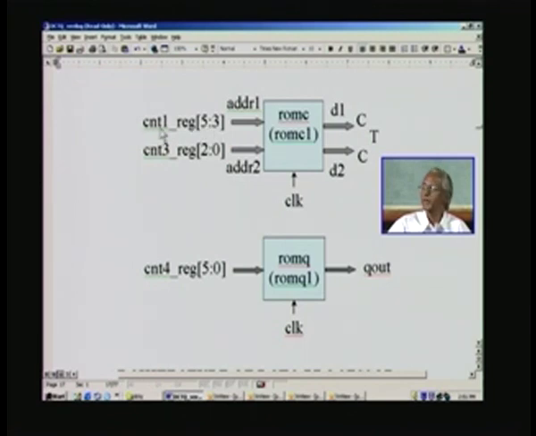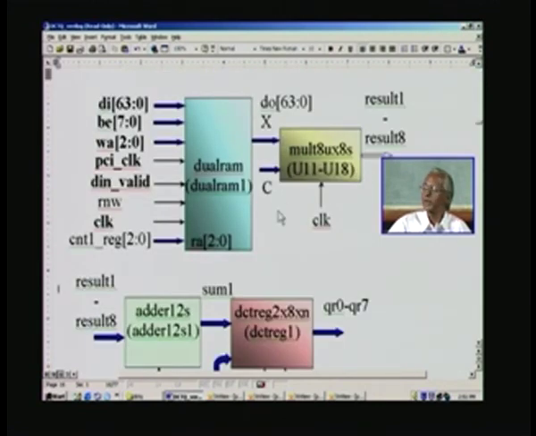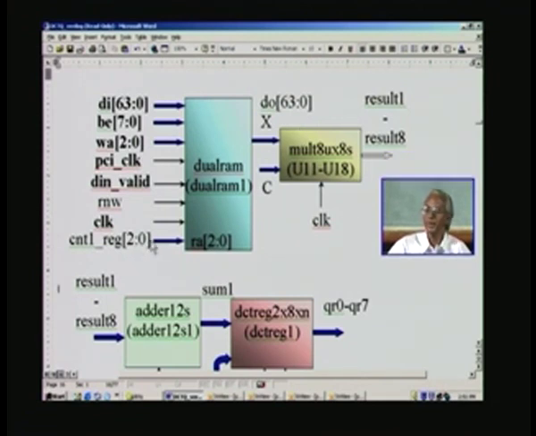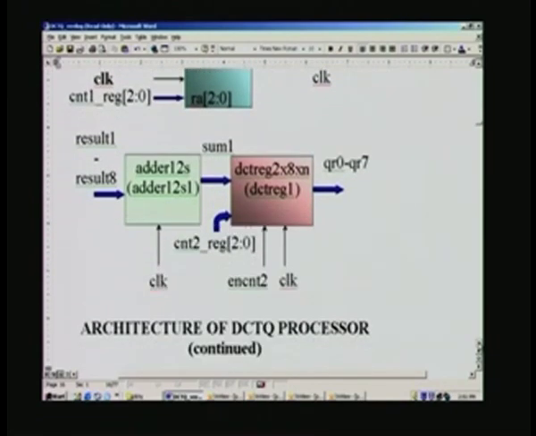Because we will have to not only address X here, but also get C simultaneously, the same counter is addressing both, right. The only difference is this is the LSB, meaning it changes more frequently than the MSB, which changes once in 8 times only, because you need all the rows of the matrix for one value of one set of C, and repeat the same thing again in order to get the partial product that we have seen.